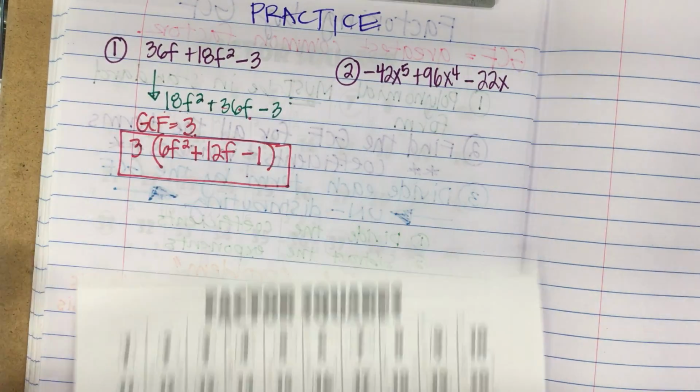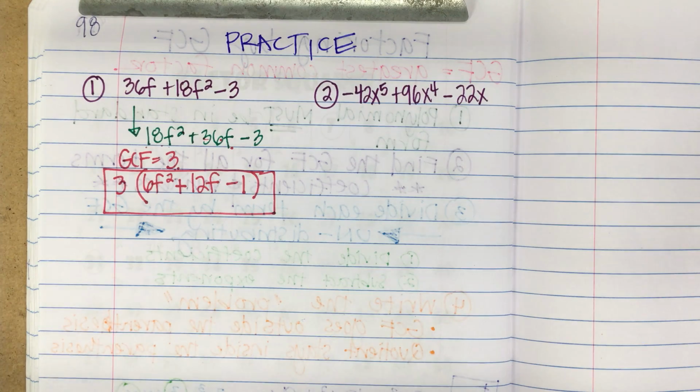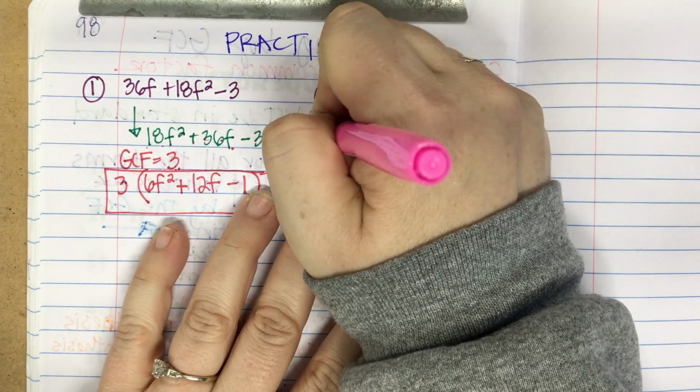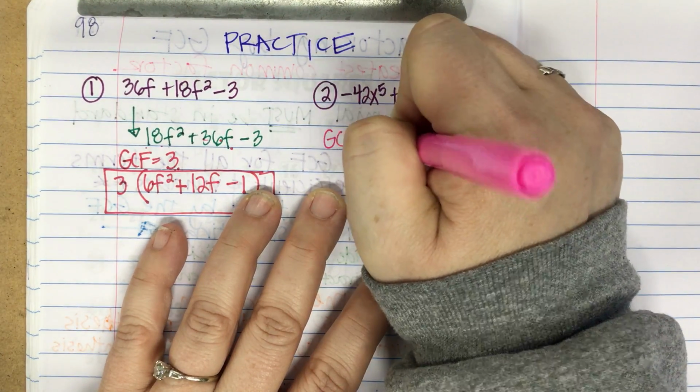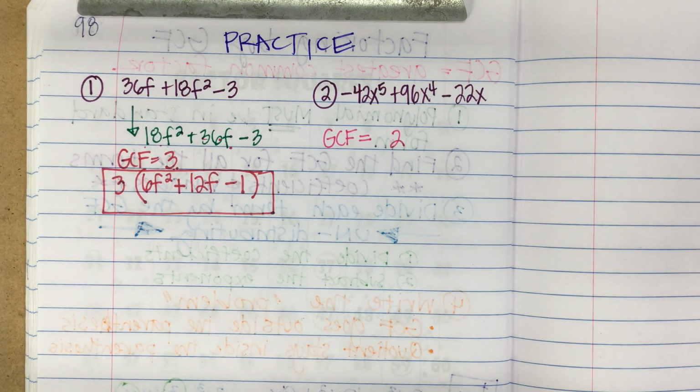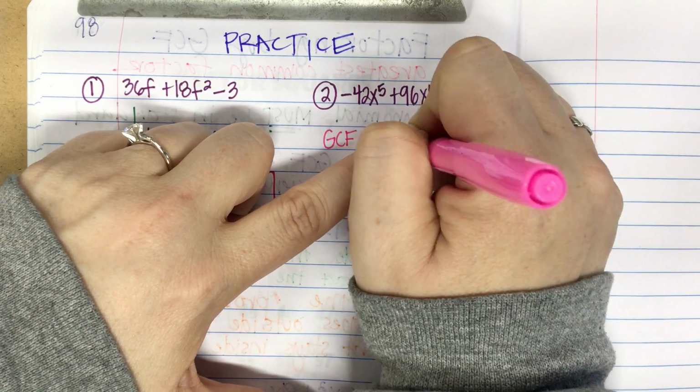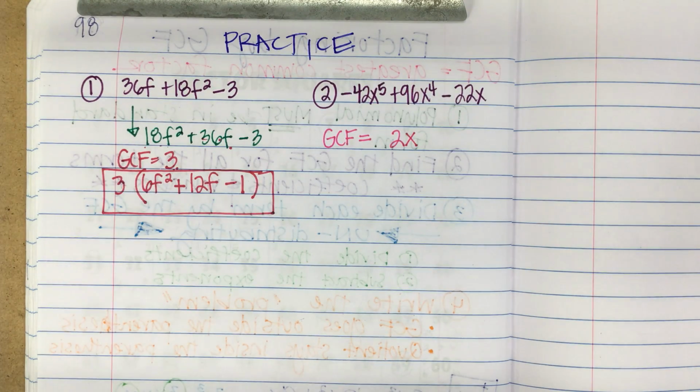The largest number they can all be divided by is 2. Can they be divided by anything else? Yes, x. They all also share 1x, at least. So the greatest common factor is 2x.